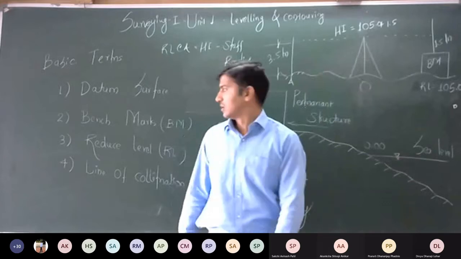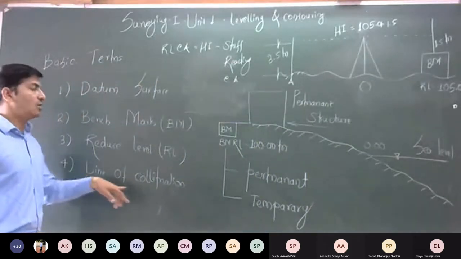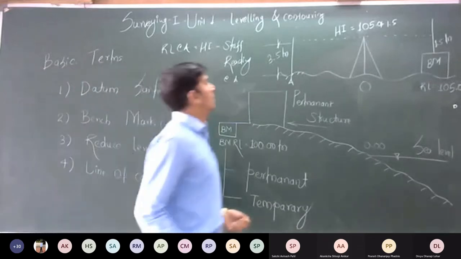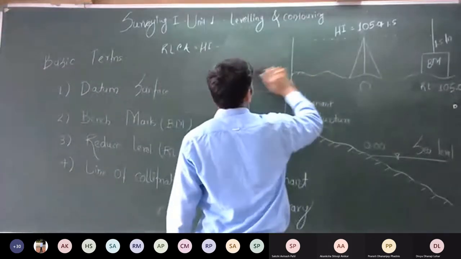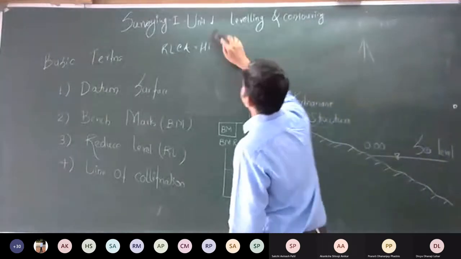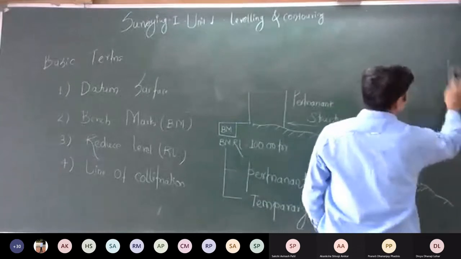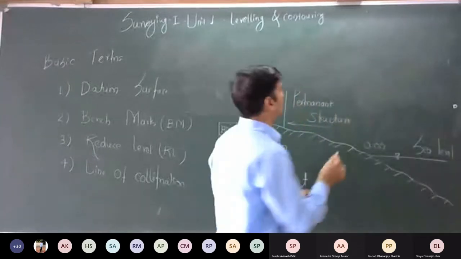Okay, next. The final basic term will be line of collimation. Can anybody explain what exactly line of collimation is? Any one of you?